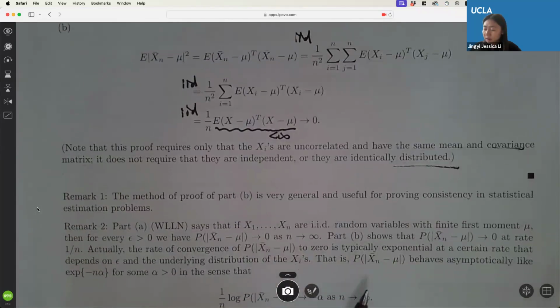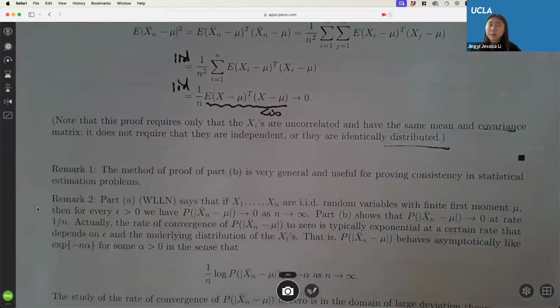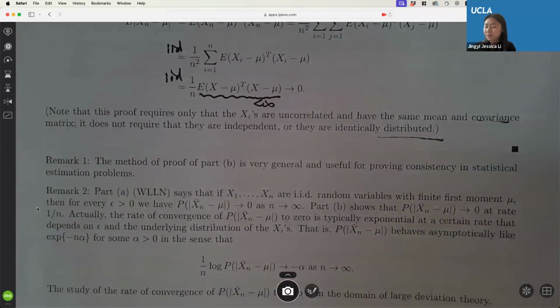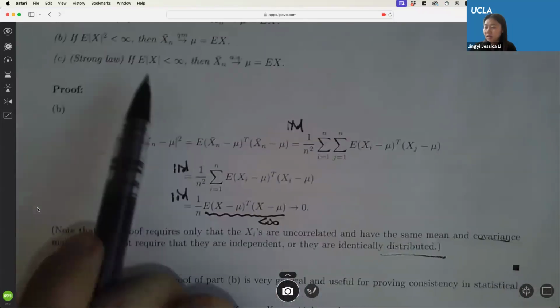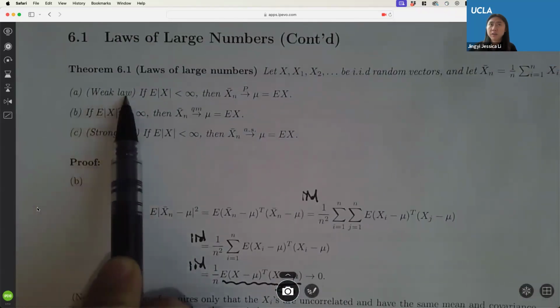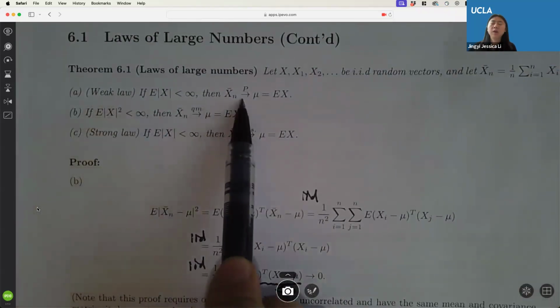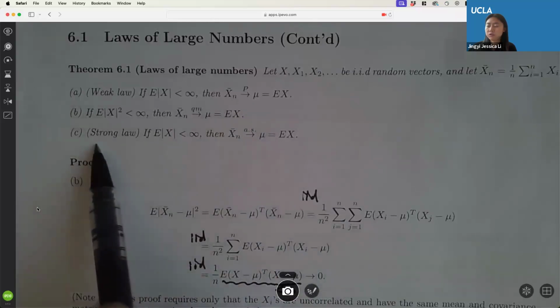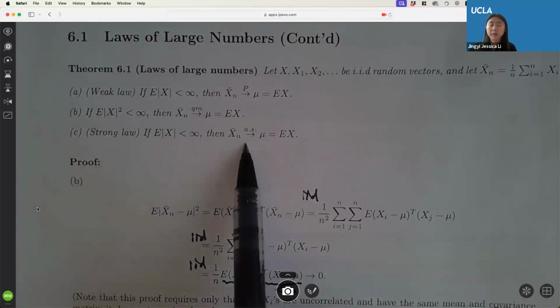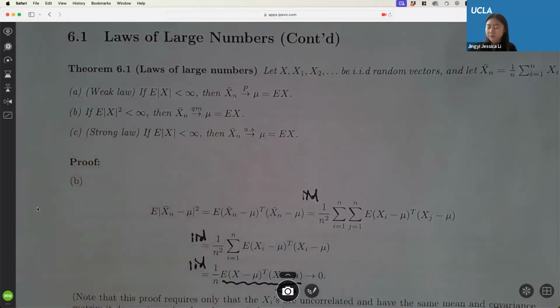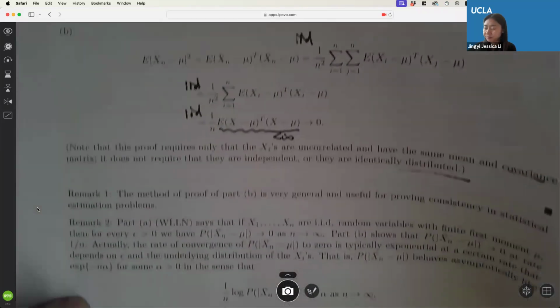Okay, and this is something I also want to go over a little bit, the remark, since we have not specifically talked about this weak law. This is the weak law of large numbers, and this corresponds to weak consistency, for convergence in probability. For the strong law, almost sure convergence, it corresponds to strong consistency for estimators.